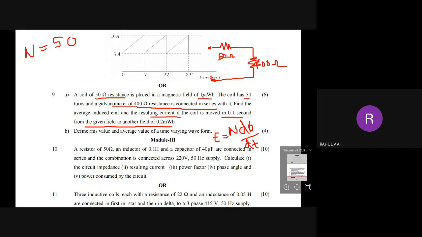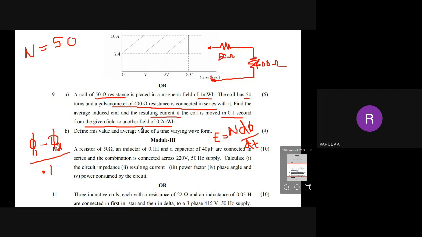We have 1 milliweber. That is the rate of change of flux linkage. So d phi by dt is phi 1 minus phi 2, the initial flux minus the final flux, divided by the time for that change.